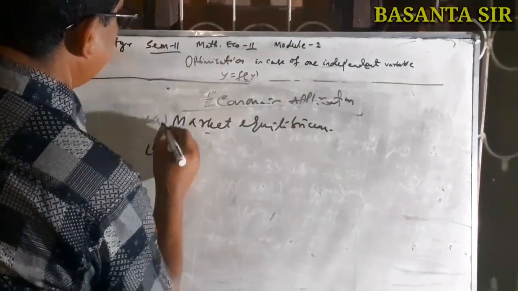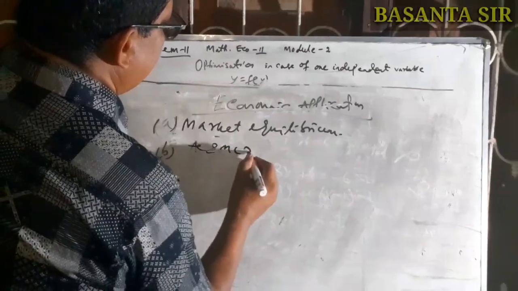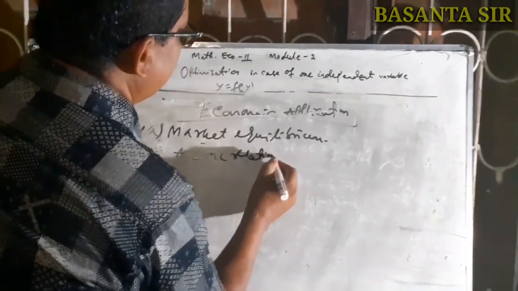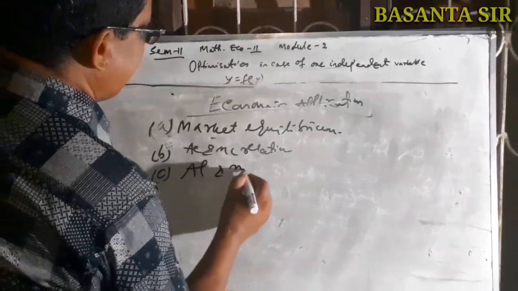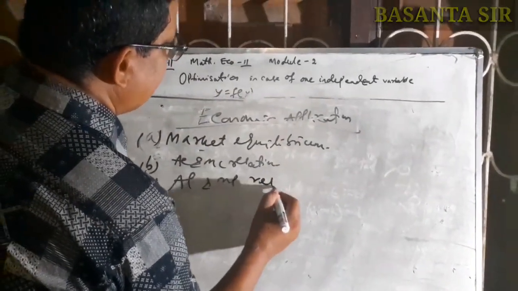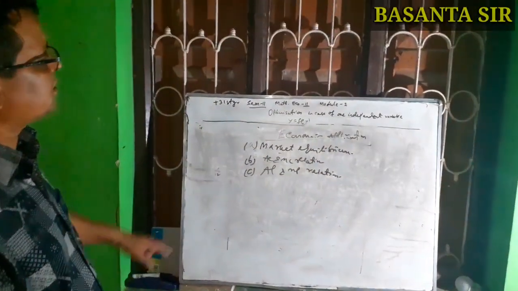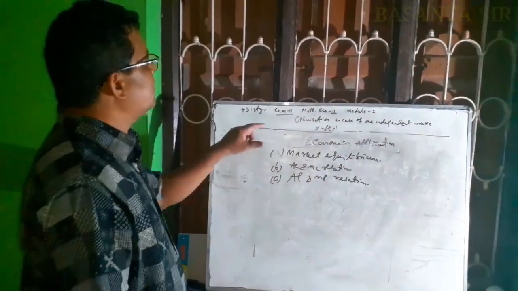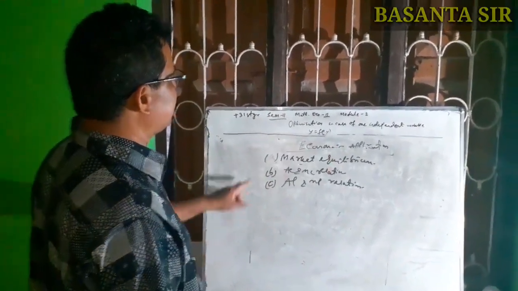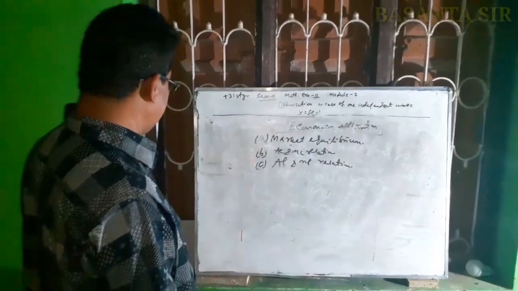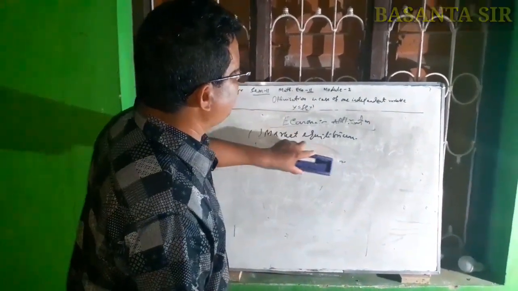Second is AC and MC relation. Third one is AP and MP relation. We will judge three things from optimization in case of one independent variable: market equilibrium, AC-MC relation, AP-MP relation. Now we will switch over to market equilibrium.